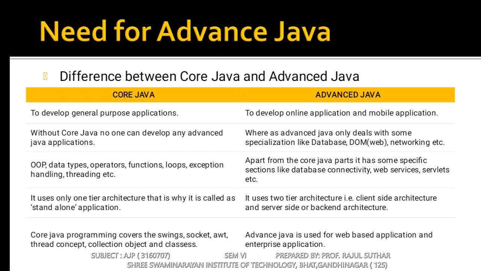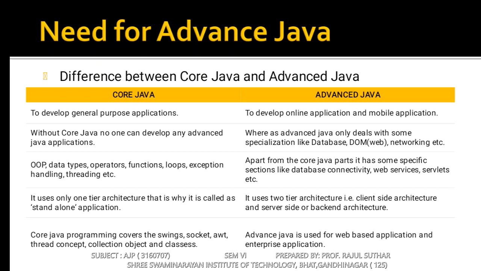Object oriented programming, data types, operators, functions, loops, exception handling, and threading are all covered in core Java. Apart from core Java, there are specific sections like database connectivity, web services, and servlet, all of which are covered in advanced Java.